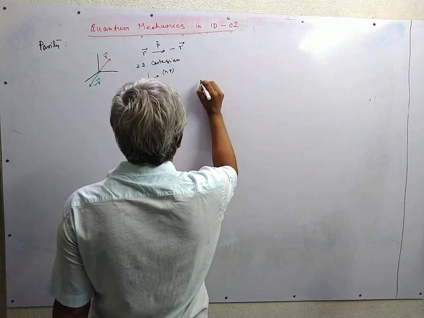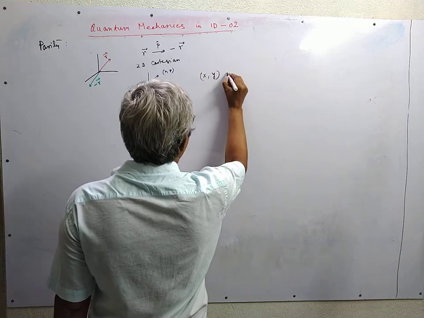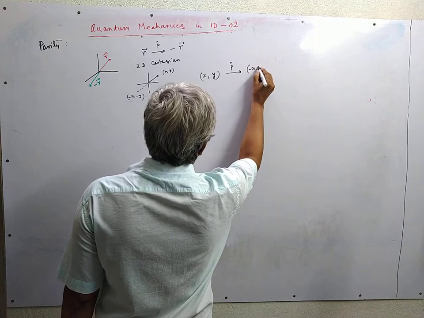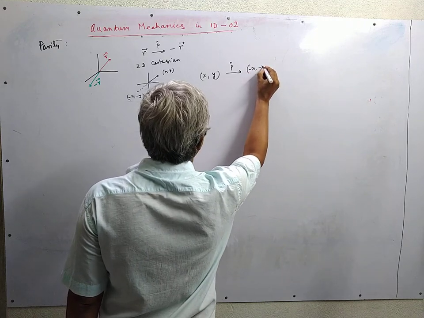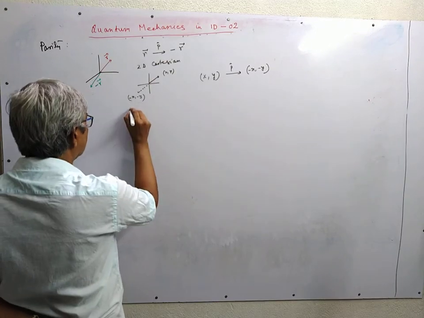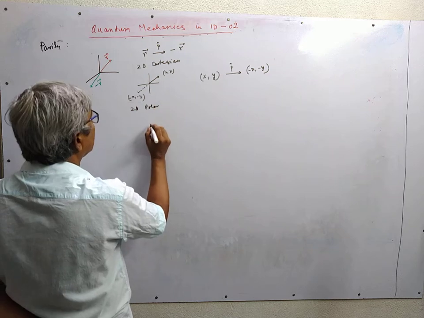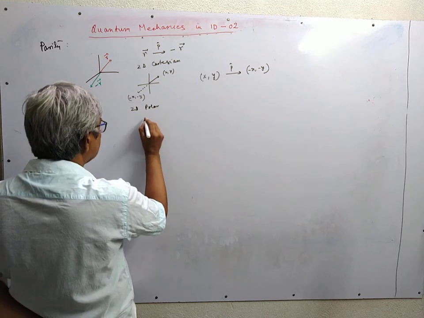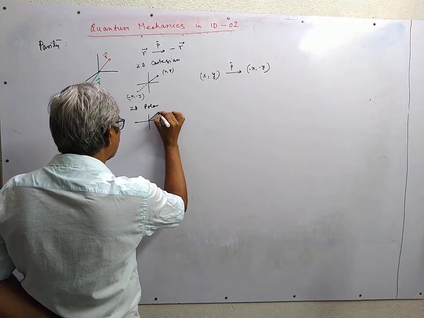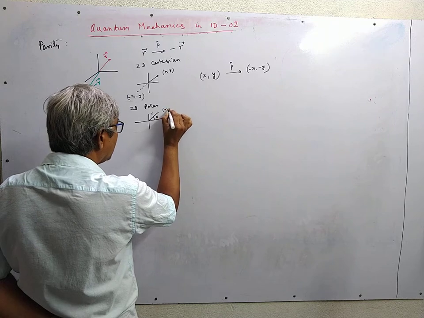So xy transforms to minus x, minus y. In 2D polar, this is the point r, theta.